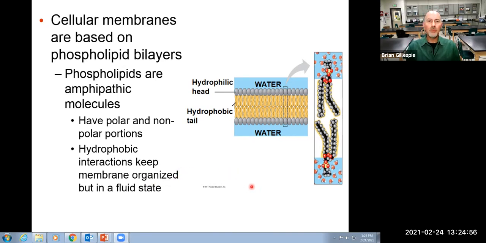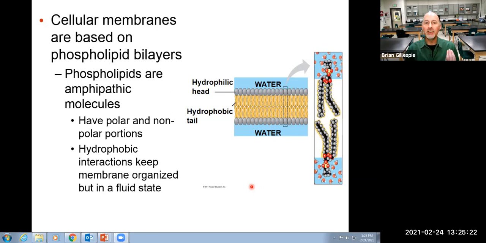So one thing that can be a little bit different, depending on the species that the cell is a part of, is you may have slight differences in the types of phospholipid molecules that are used to make the membrane. In particular, if you have differences in the degree of saturation of those fatty acids. Remember that concept from chapter 5.